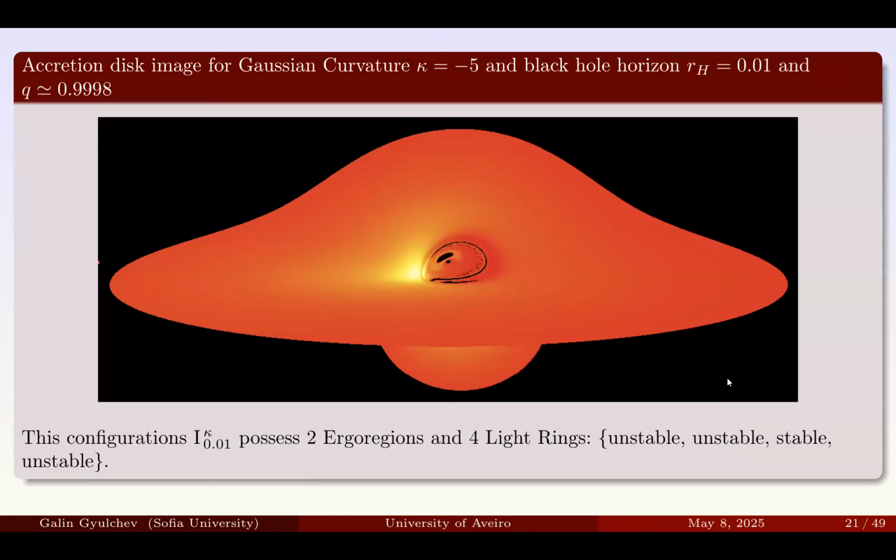After that, in order to show what is happening to the imaging, we perform the ray-tracing procedure. So we see that for different normalized charges, the disk in general looks different.